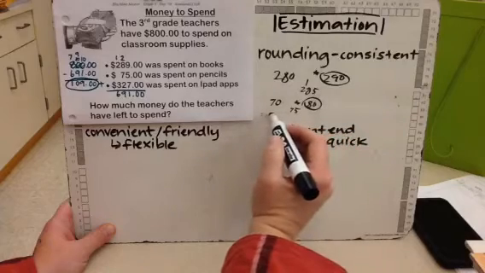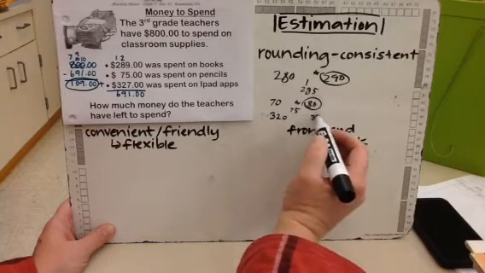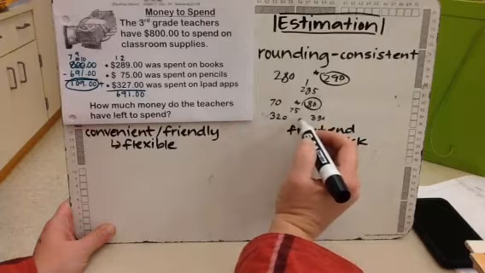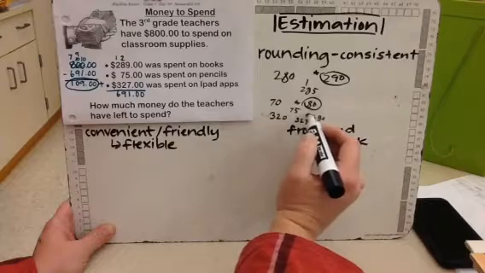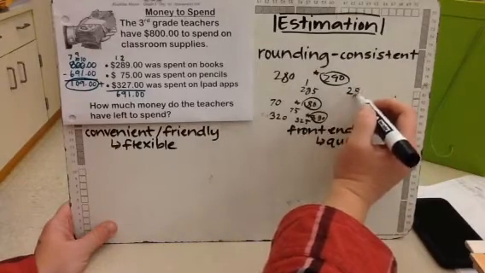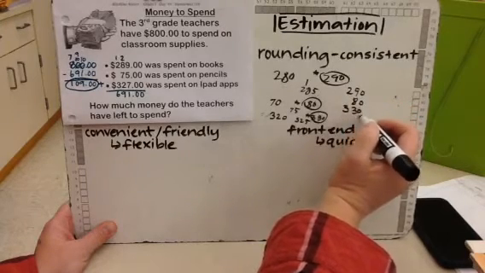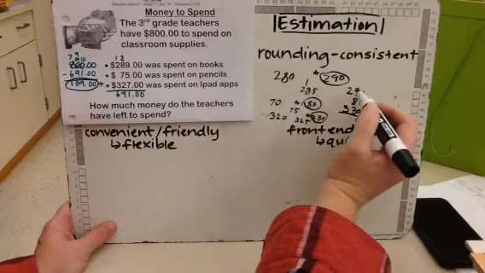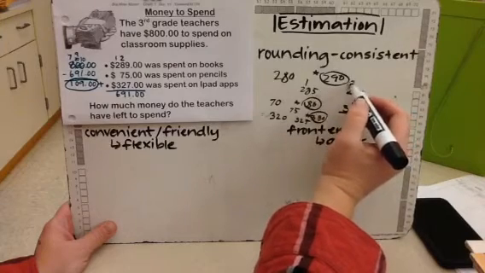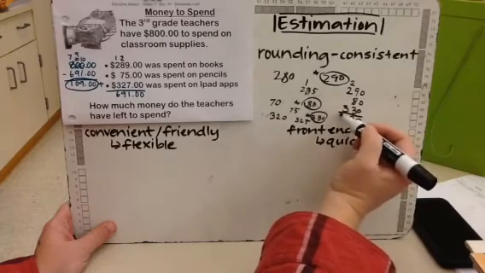And then 327 is in between 320 and 330. The midpoint is 325. My number is after that, so it would round to 330. So now I'm going to add 290, 80, and 330. 20, and 3, 4, 5, 700.